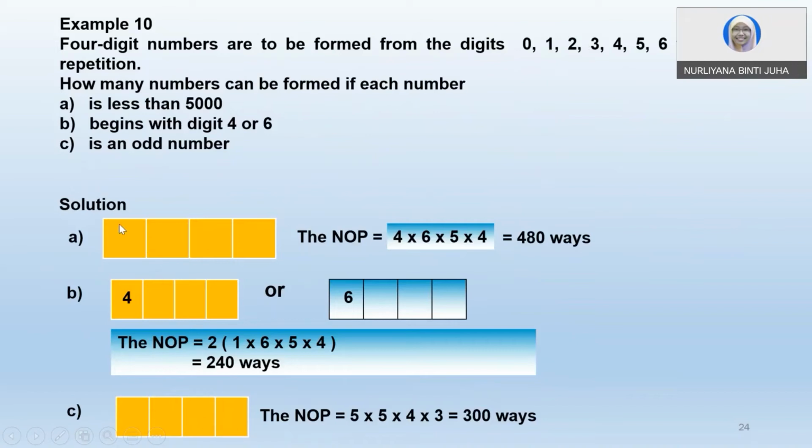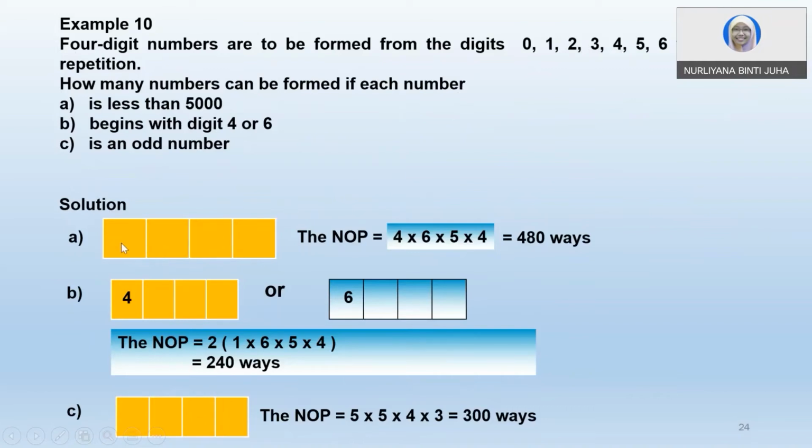So, you create a box or space for 4 spaces because we need to form 4-digit numbers, kan? So, 4 blank spaces. And then, since dia dah bagi tahu less than 5,000, meaning you cuma boleh pilih start daripada 1, 2, 3 dan 4.